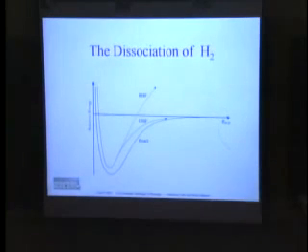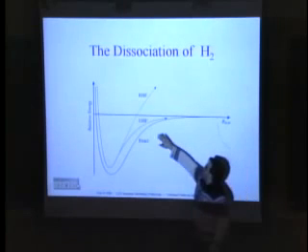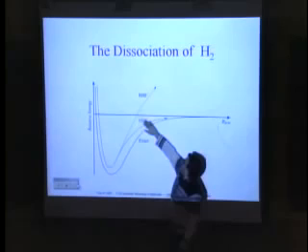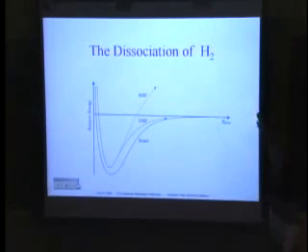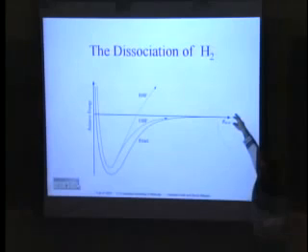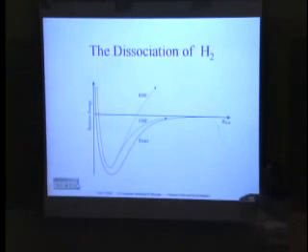And you see, when we break this system apart, when we want to go from a bound hydrogen molecule to two atoms, the restricted Hartree-Fock is doing very poorly. It'll give us an energy that is a very poor predictor of the dissociation energy.